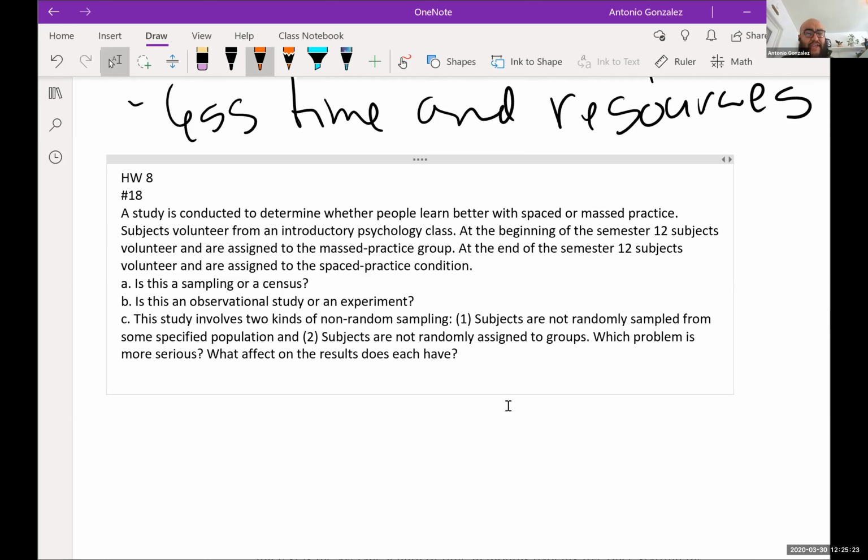Subjects volunteer from an introductory psychology class. At the beginning of the semester, 12 subjects volunteer and are assigned to the mass practice group. At the end of the semester, 12 subjects volunteer and are assigned to the spaced practice condition.